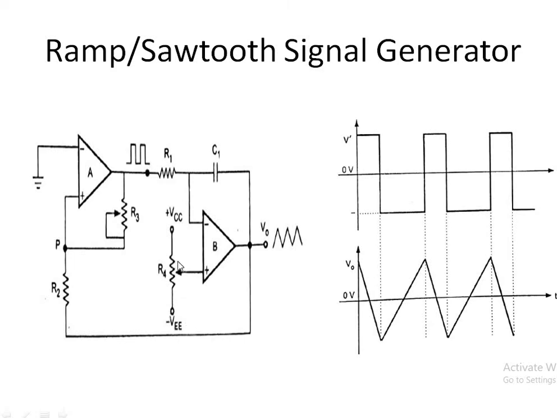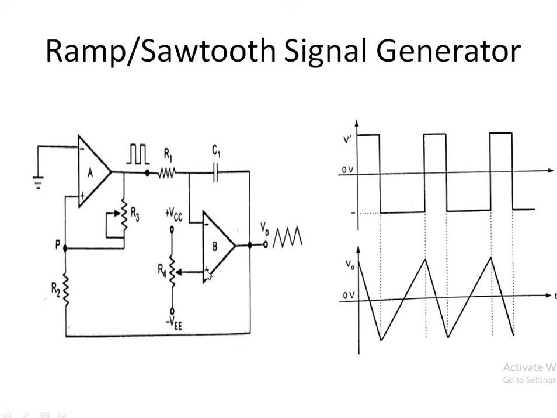If we slide it to this side, we will obtain the input to this terminal as positive VCC, or a positive signal. Similarly, if we slide this to this direction, we will get the input to this terminal as negative VEE, or close to negative VEE, or a negative input will be fed to this non-inverting terminal.